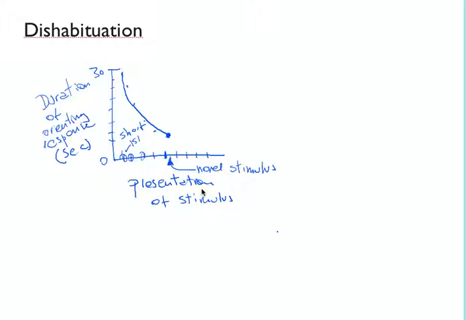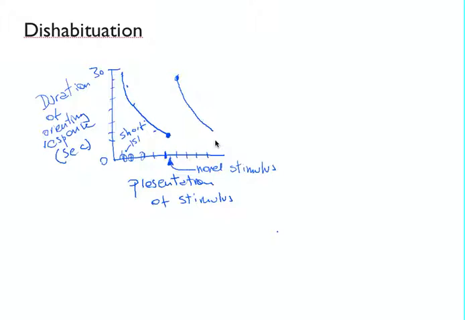May not. And then what we do is we show the stimulus to which the orienting response is habituated, and what we may see is, yes, a recovery, and then again a decline, of course, over repeated presentation of that stimulus.